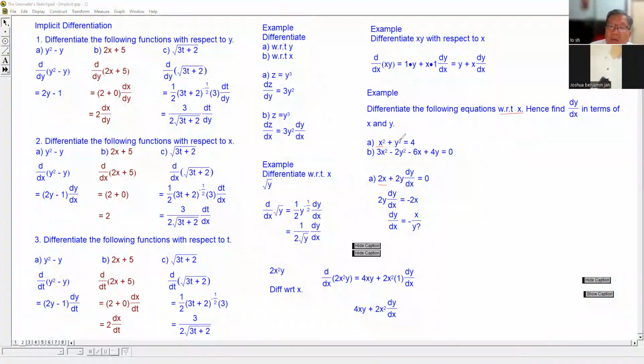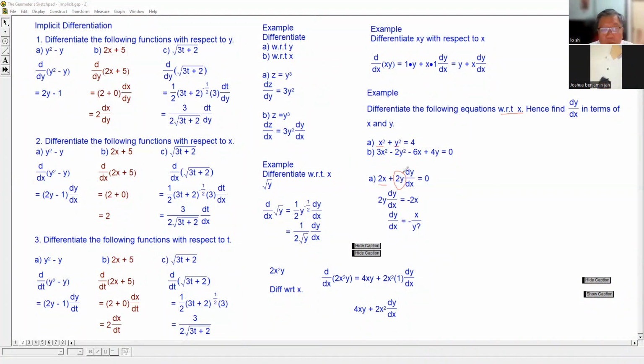Now we're going to differentiate this one, y squared. y squared consists of one function only. It is not a product of two functions. So differentiate y squared becomes 2y. But since we are differentiating y with respect to x, not with respect to y, if with respect to y, then this is the answer already. But we are differentiating this y squared with respect to x.